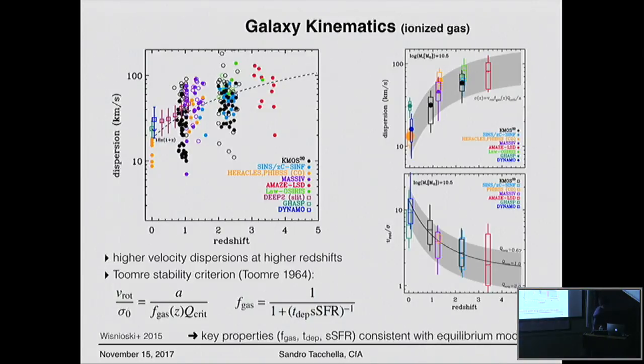One way to understand this is the Toomre stability criterion: when you put Q critical to 1, a marginally stable disk, you can express this so that the evolution of the gas fraction is more or less reproduced as V_rot over sigma. These simple models seem able to produce such trends, so that indeed the gas fractions are driving some of these higher velocity dispersions we see in these early galaxies.